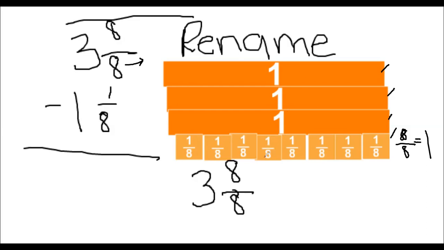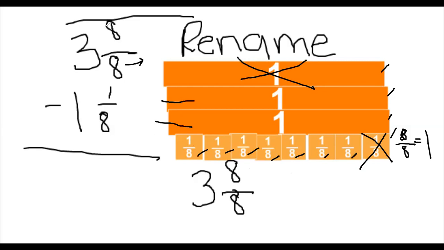We take away 1. I'm going to cross out the top one this time. And 1/8. And we count what's left. So we're going to count this one. 1, 2, and 1, 2, 3, 4, 5, 6, 7, 8 are left.